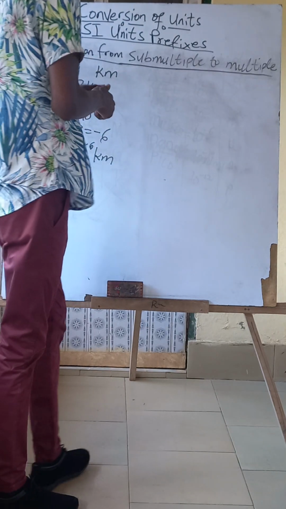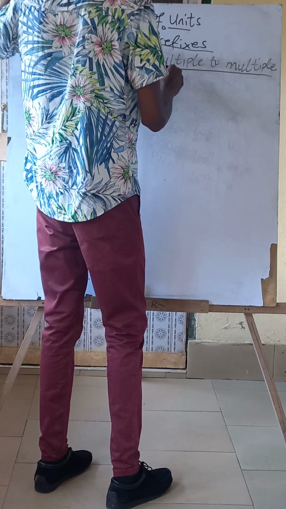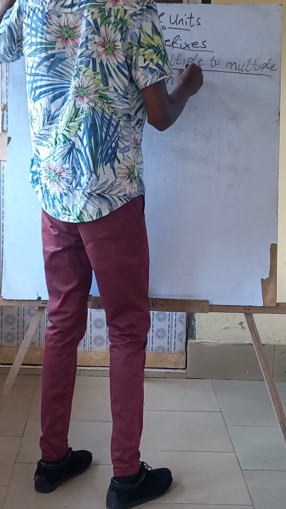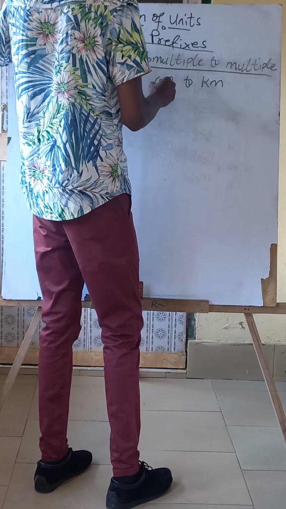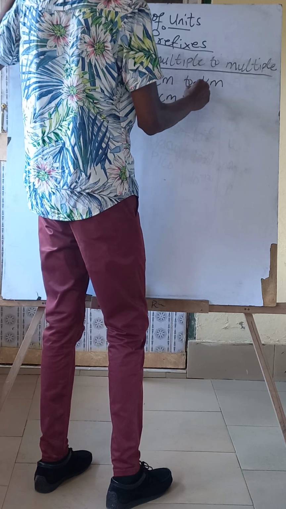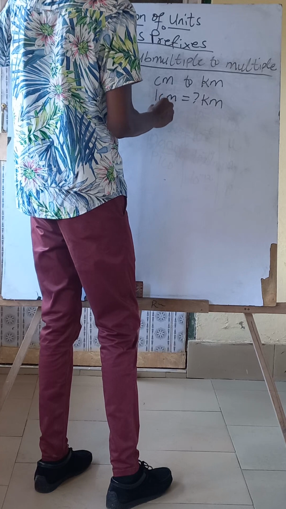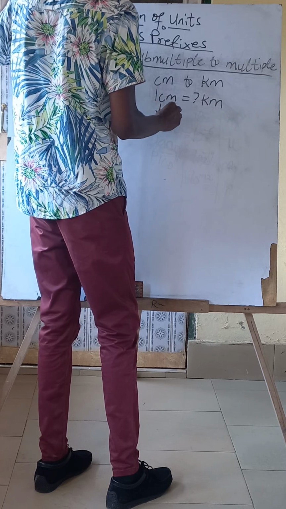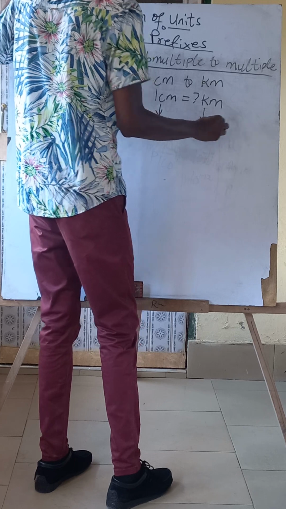Let us consider another example. We want to convert from centimeter to kilometer. So 1 centimeter is equivalent to how many kilometers? But centi means 10 raised to the power negative 2 and kilo means 10 raised to the power 3.